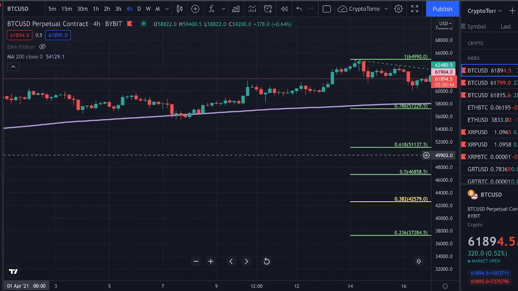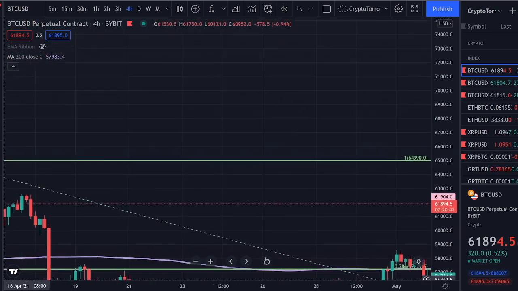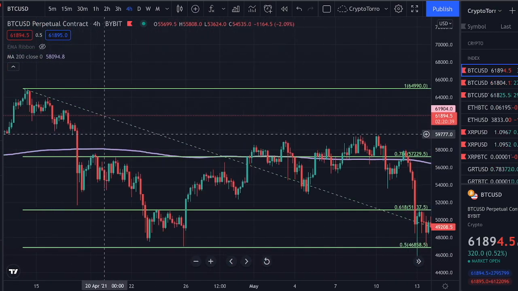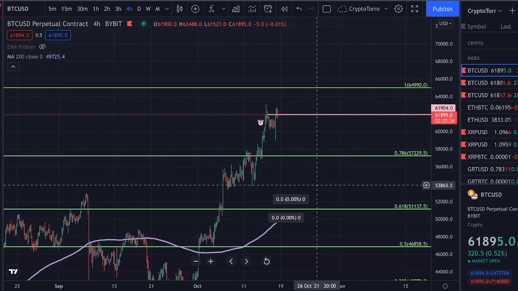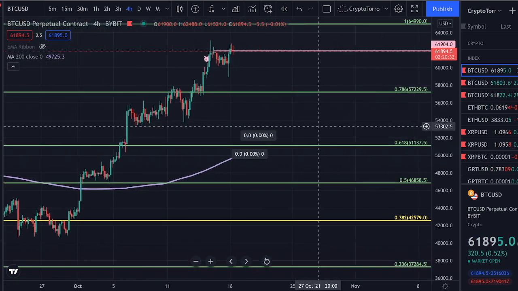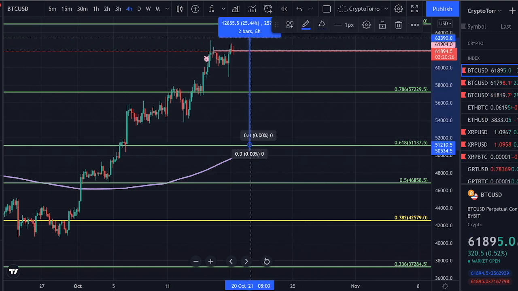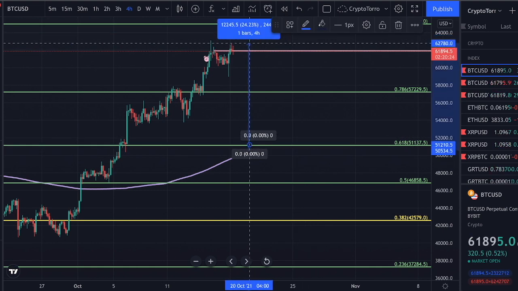Exactly what is currently happening right now on Bitcoin, and what could we perhaps expect during the upcoming days? You can clearly see that right now we are at this point in time, and if you take a look at the 200-day moving average, we are approximately 25% or 24% above the 200-day moving average.